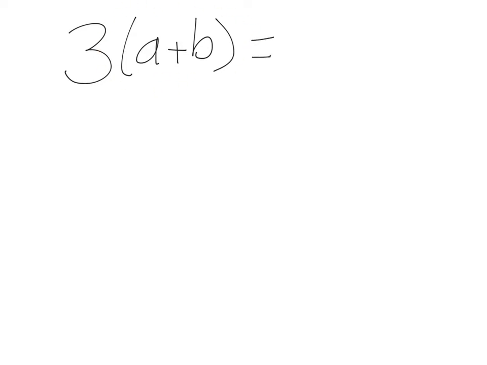So 3 times (a plus b) equals 3a plus 3b. Remember that when a number and a letter are next to each other like this, it means multiply. So this is 3 times a, and this is 3 times b.